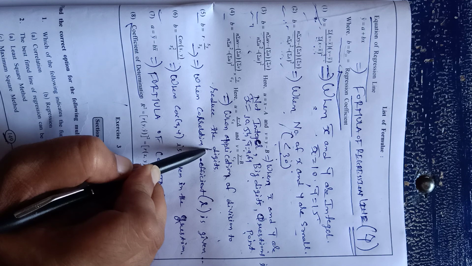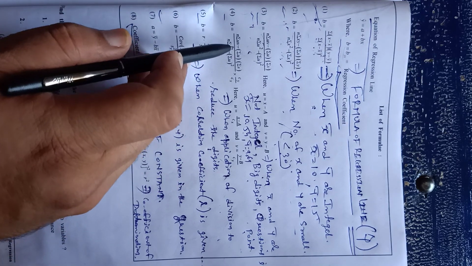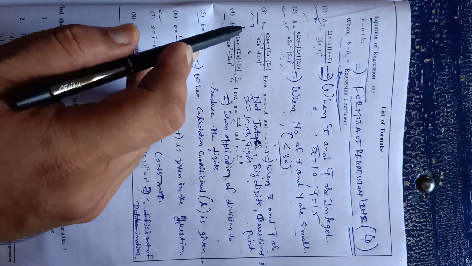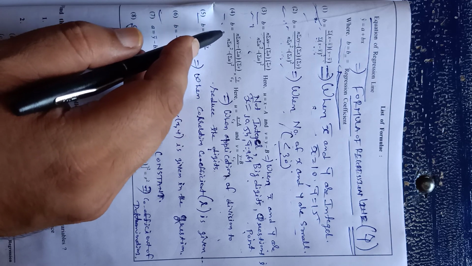So students, when we apply the division concept to reduce the digits, then like the previous third formula, there is a little bit of change.